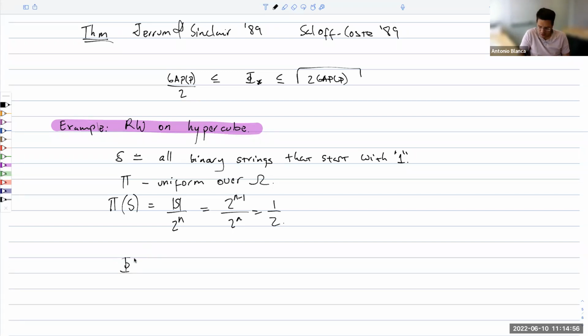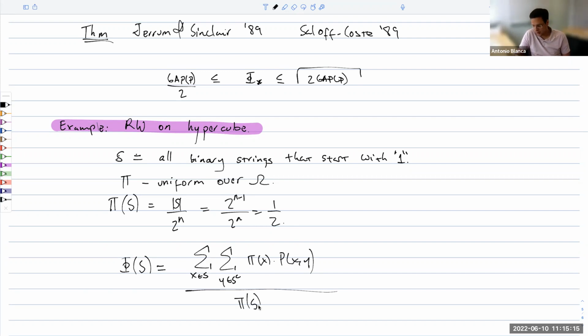Now, if we look at the conductance of S, this is going to be equal to the summation over X in S and Y in S complement of pi(X) P(X to Y), over pi of S.